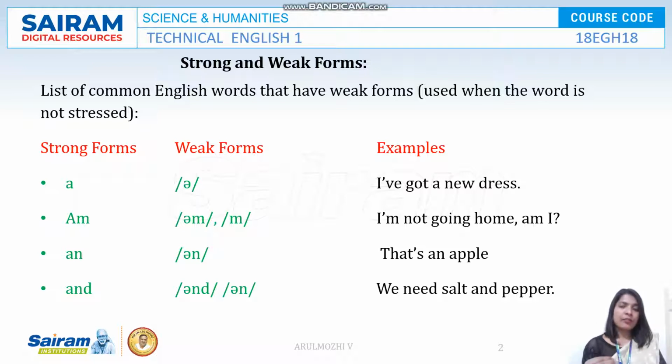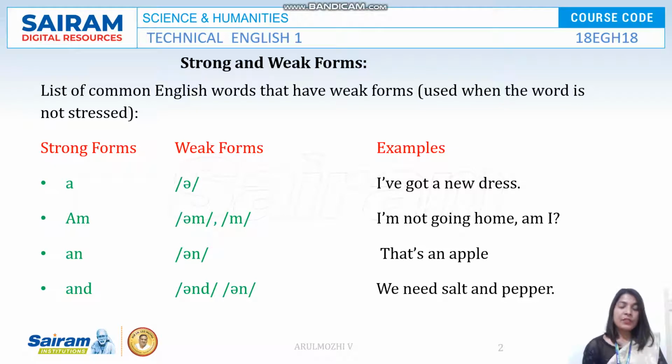And when we speak every day, when we speak faster, the strongest form derives and takes the weak form of the word. Take, for example, I will come. Okay, when we speak it in a daily conversation, we say I'll come. So the shortest form of will is 'll.